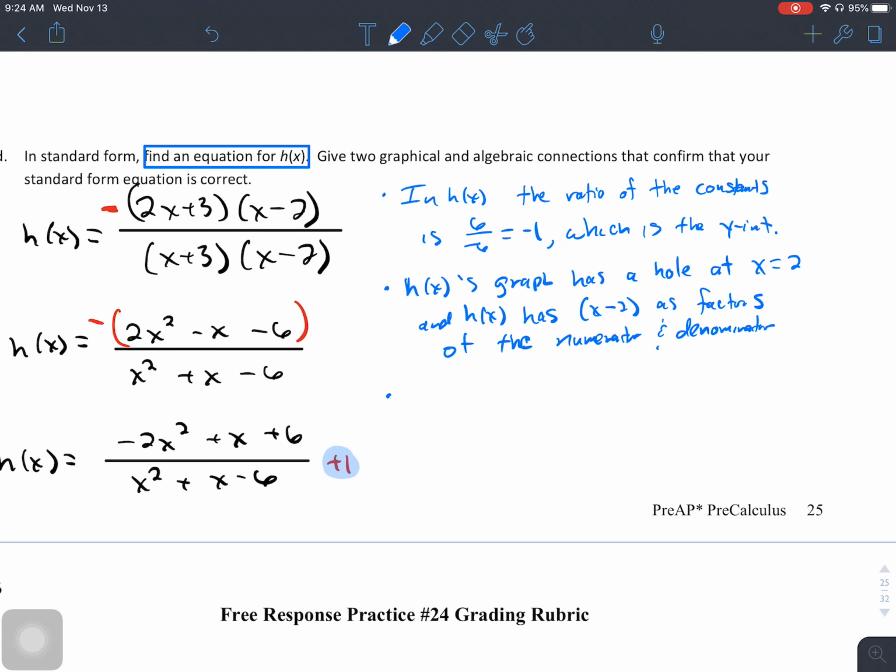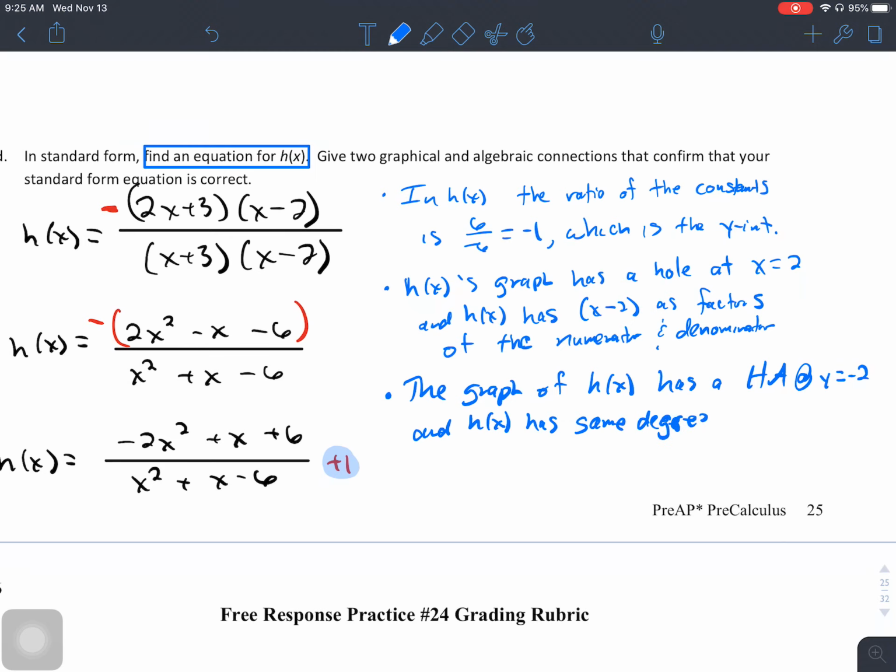Another thing that you could say, the graph of h of x has a horizontal asymptote at y equals negative 2, and h of x has the same degree in numerator and denominator with the ratio of lead coefficients.